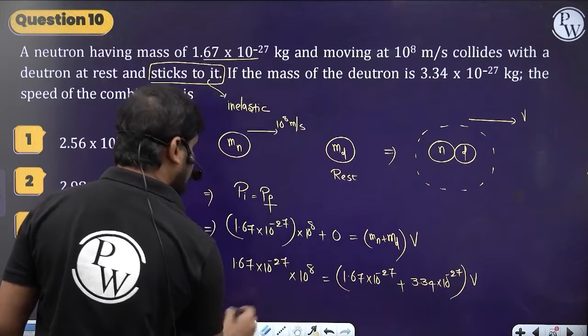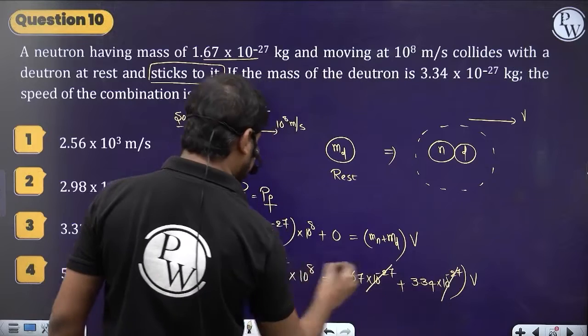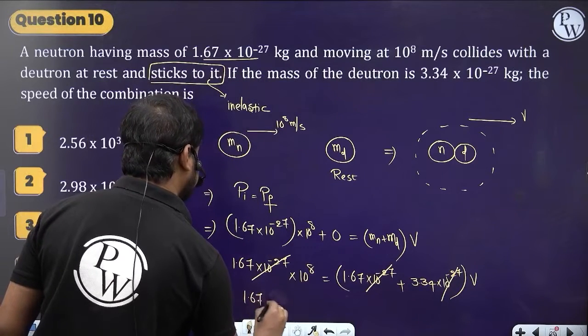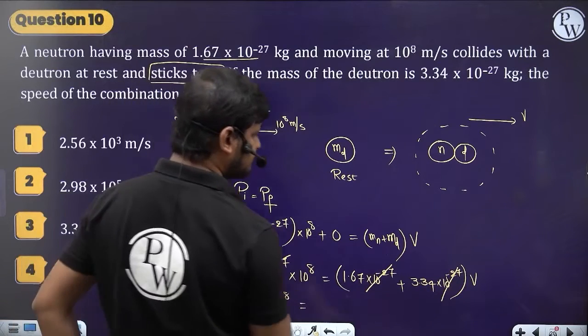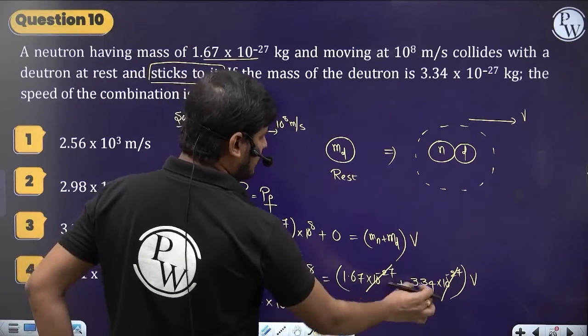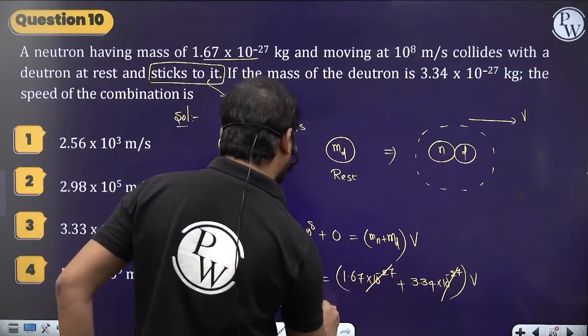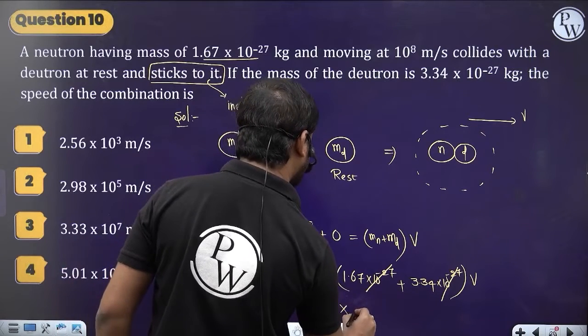From here you can take 10 to the power minus 27 common from these two, so you can cancel it. So here 1.67 into 10 to the power 8 equals 3.34 plus 1.67, so we can write approximately 5.01, into the velocity v.